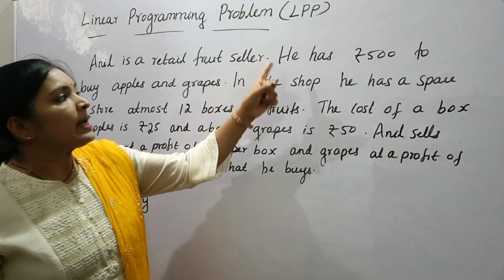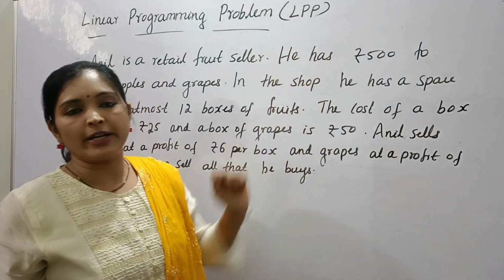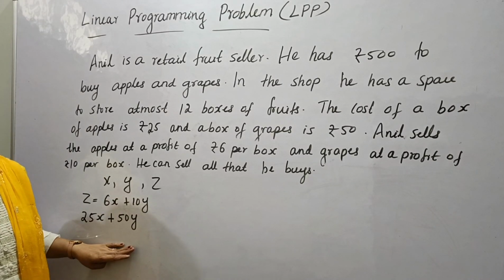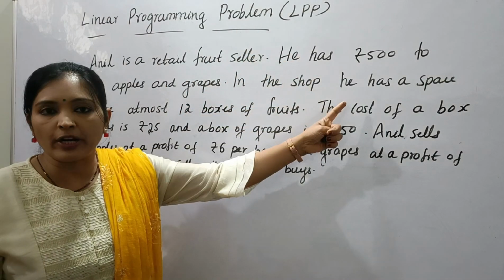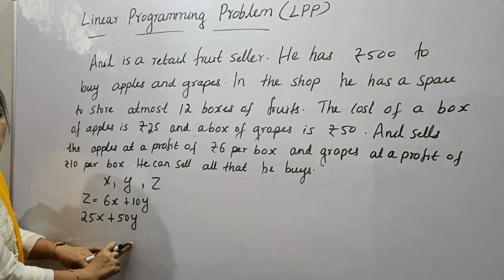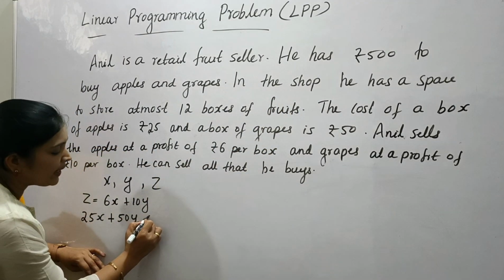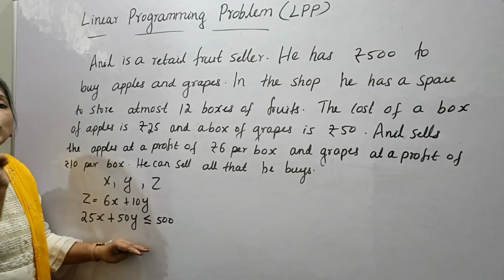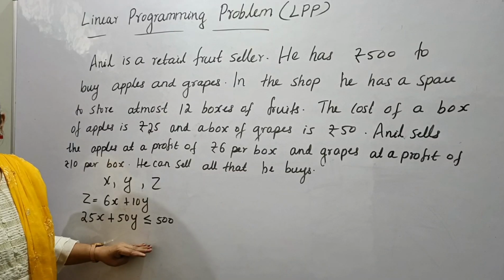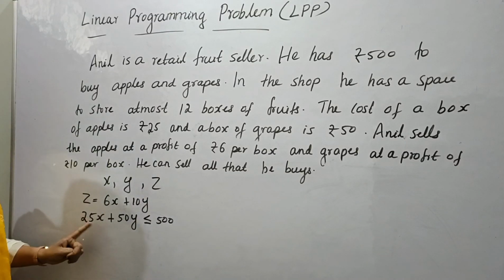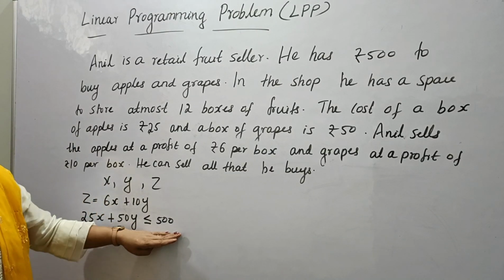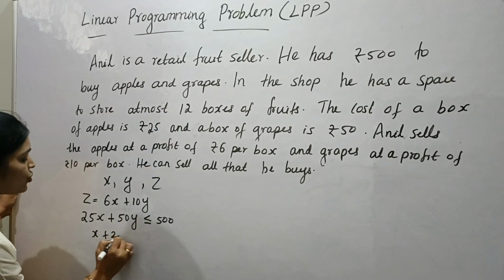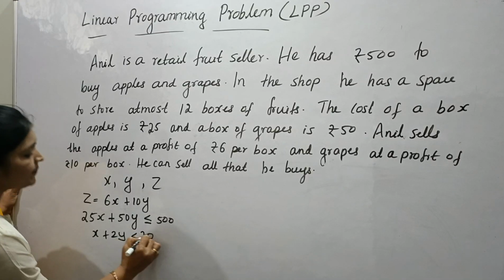And it's very important, he has rupees 500. Therefore this total cost cannot be more than 500, because he has only rupees 500. So the total cost 25x plus 50y is less than or equal to 500. Reducing it, x plus 2y is less than or equal to 20.